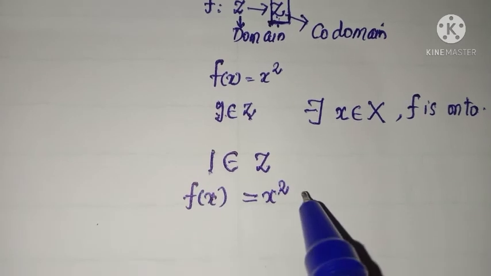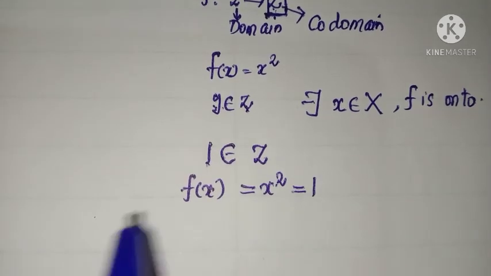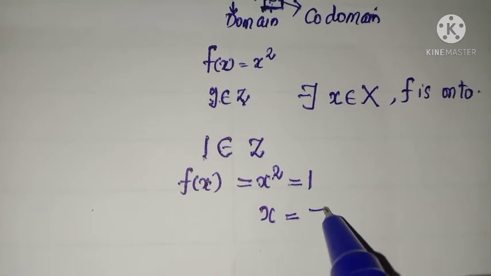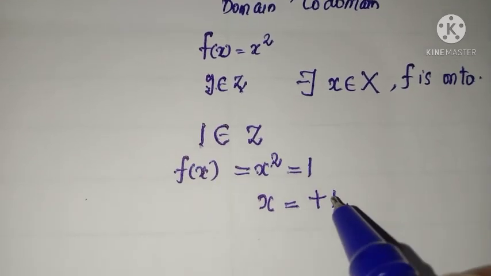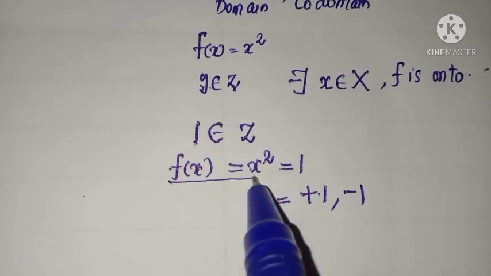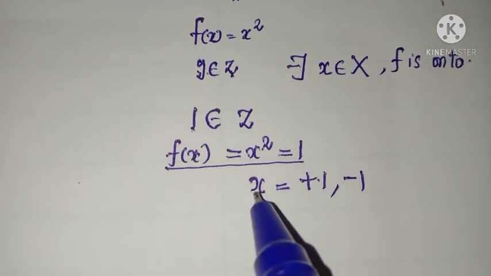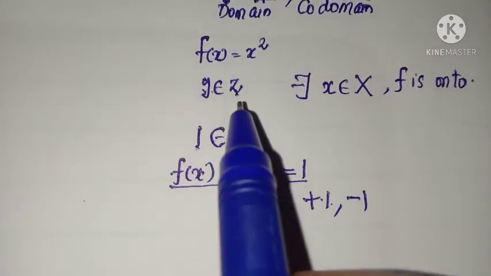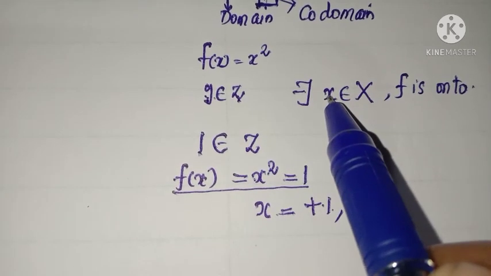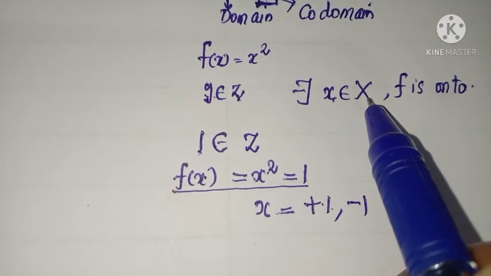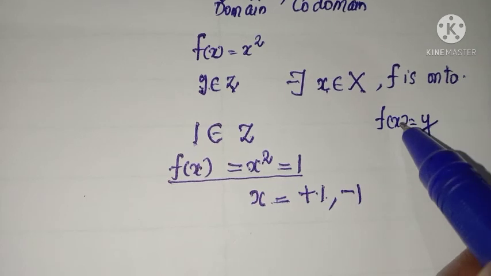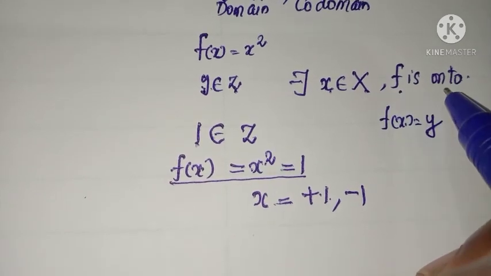So x square is the image. We consider x square equal to 1. If x square equal to 1, then what is x? X equals root of 1, that is plus 1 or minus 1. So if the image equals 1, we get two x elements. For any y belongs to Z, there exists an x belongs to the domain such that f of x equal to y, then the function is known as onto.